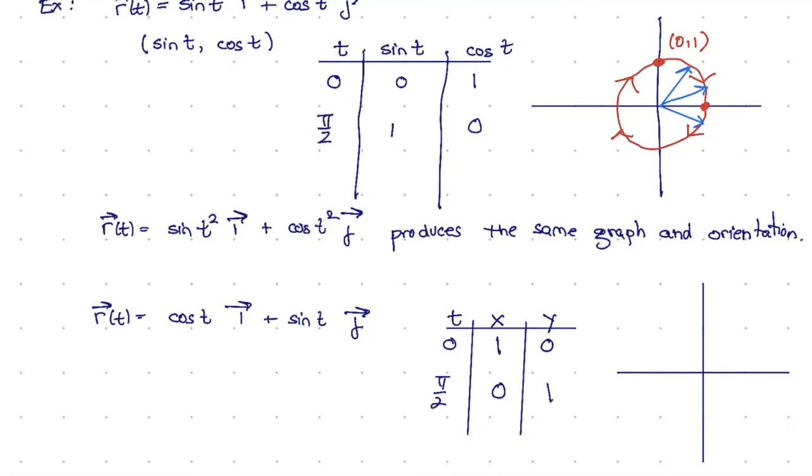The graph of the circle is going to be traversed, in this case, starting at (1, 0) and going to (0, 1). We are now going in the counterclockwise direction, and the vectors are going to traverse in a way that mirrors that of the plane curve itself. And so those would be some examples of plane curves and the relationship they bear with the vector valued function.